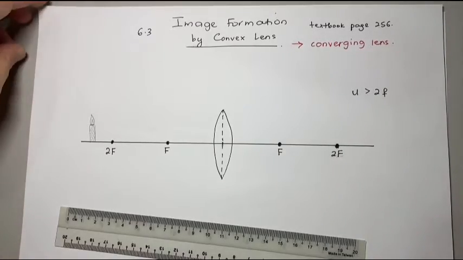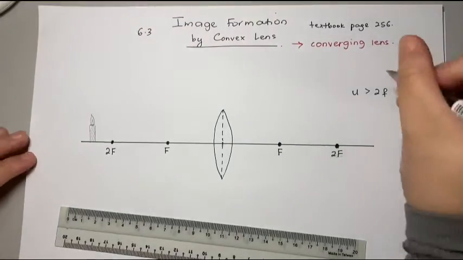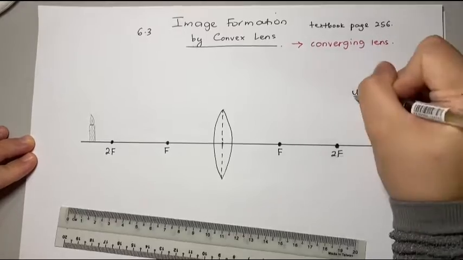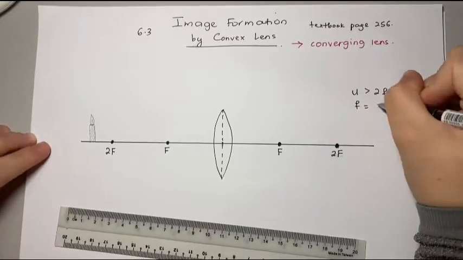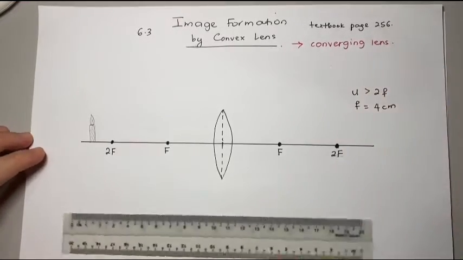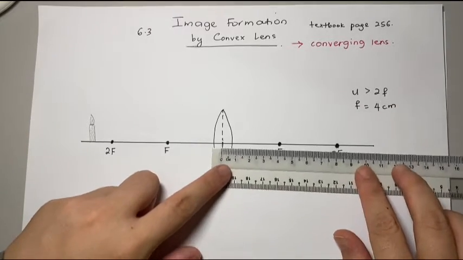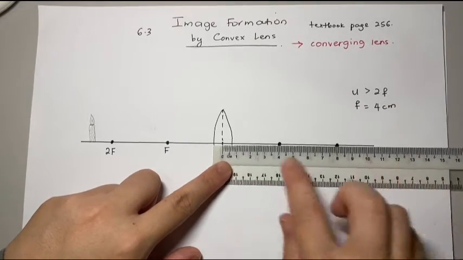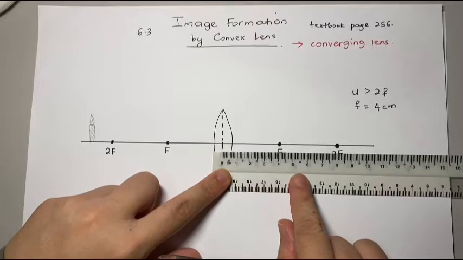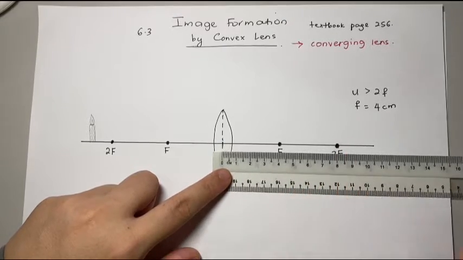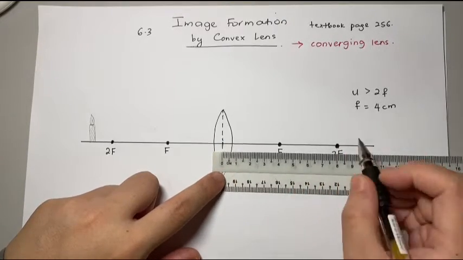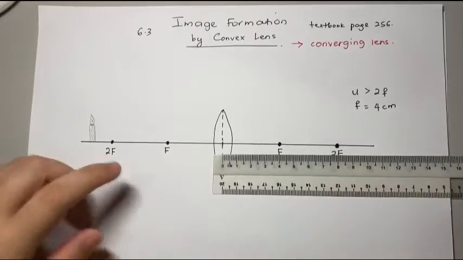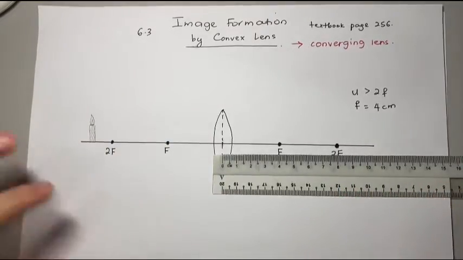For this particular example, I use my focal length as 4 centimeter. Alright, here my focal length is 4 centimeter, and then 2F is simply double of the focal length, so my 2F is at 8 centimeter from my optical center.